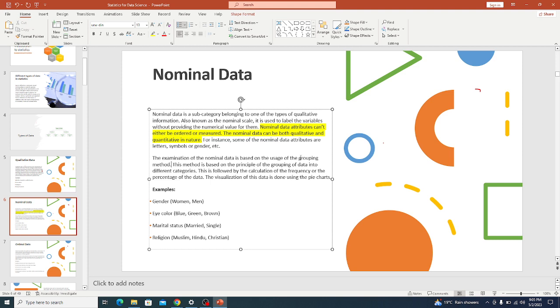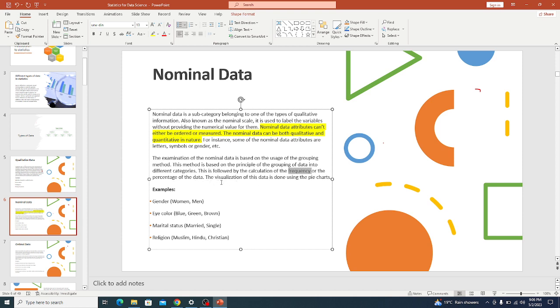So under nominal data there is a high usage of the grouping method, based on grouping data into different categories, followed by calculation of frequencies, basically frequency distribution tables, or percentages in data.